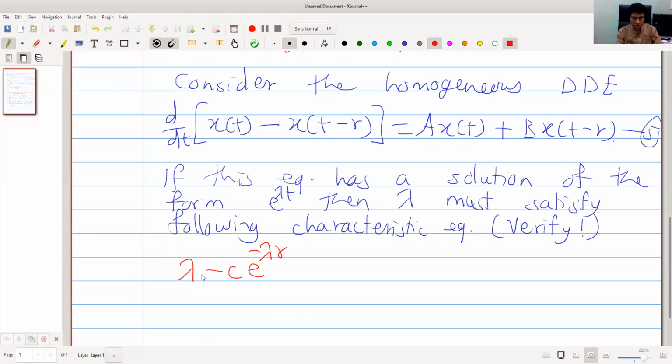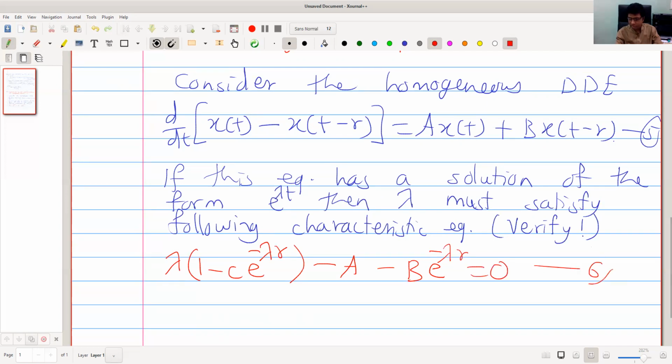So we take lambda common: lambda into 1 minus c e raised to minus lambda r minus a minus b e raised to minus lambda r equal to 0.